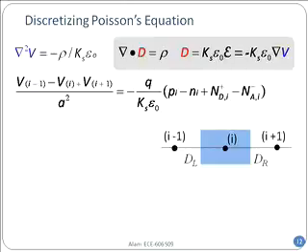What about the right-hand side? Do you agree with this statement? On the right-hand side, I have Q and the dielectric constant, that's fine. But I also have the electron and hole concentration, but at node I, right? Node I, because this is what I am thinking about. And similarly, the doping concentration at that node. Now, if you have a uniform semiconductor, then the right-hand side will always be the same.